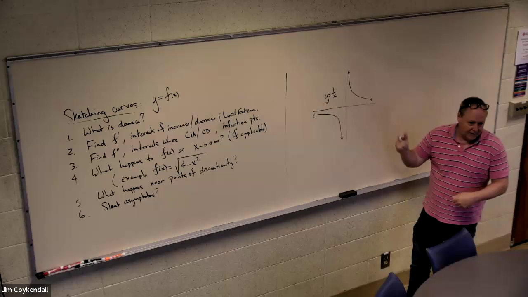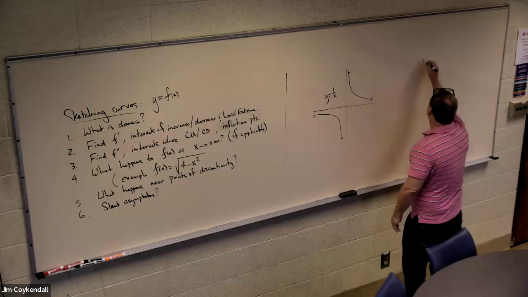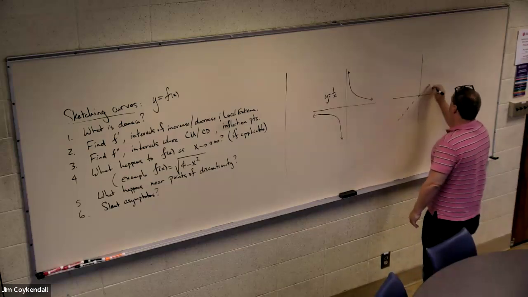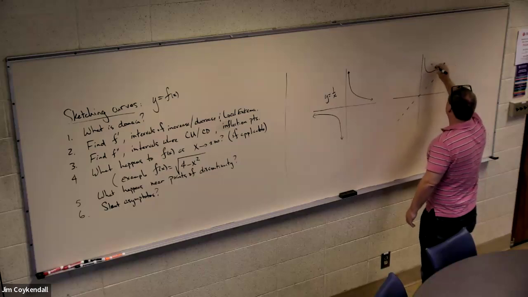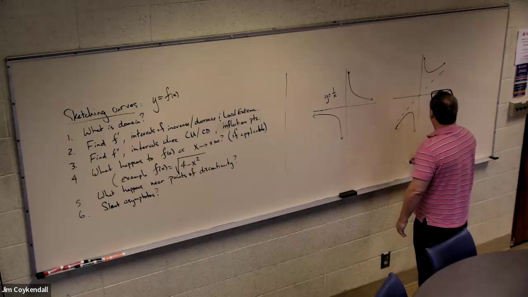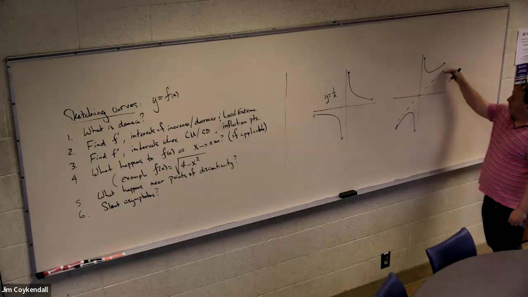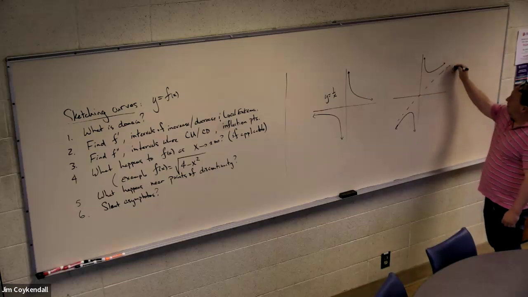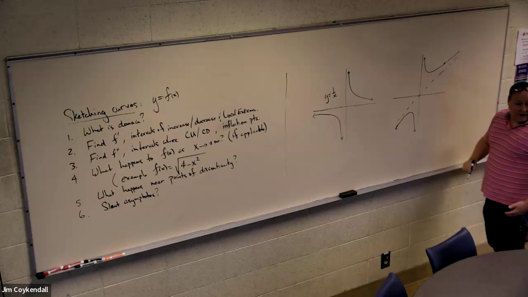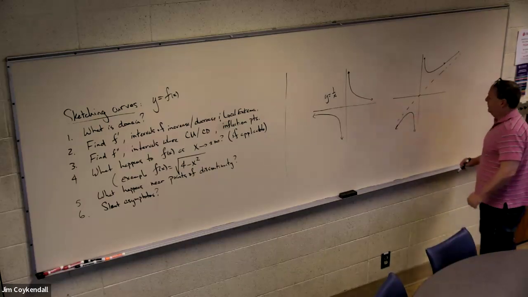Here's another kind of asymptote. What if this was twisted? What if you had a function that looks like this? Notice that as you get closer and closer, if you go out toward infinity, this function gets closer and closer to this line. It's not horizontal, right? But it's the same kind of spirit as this.